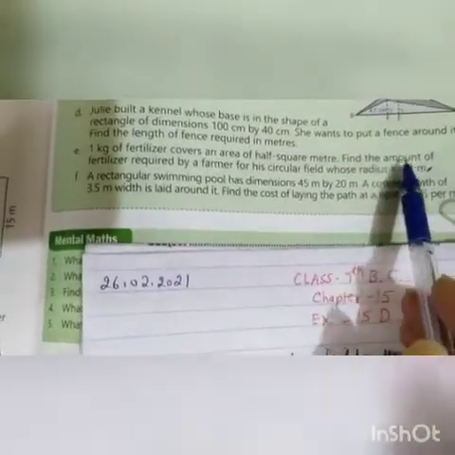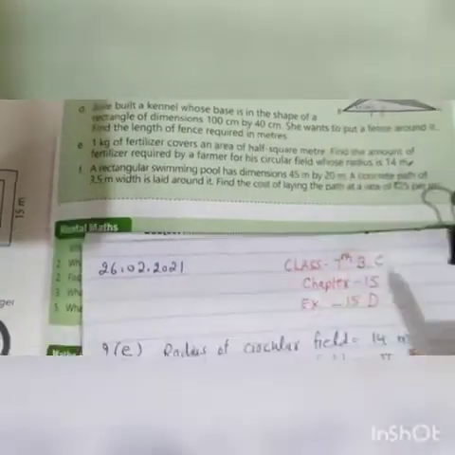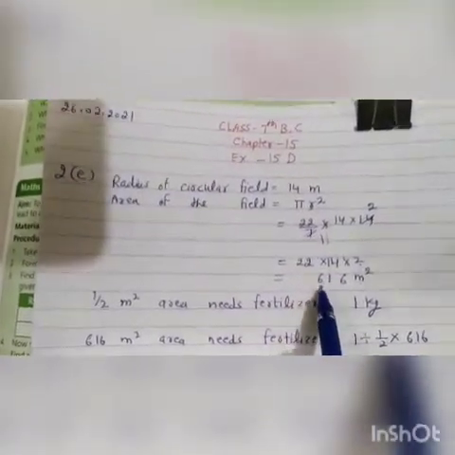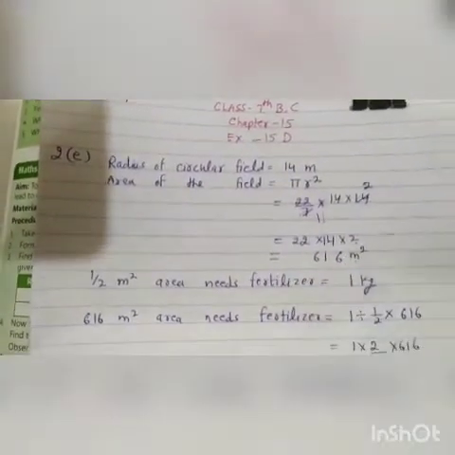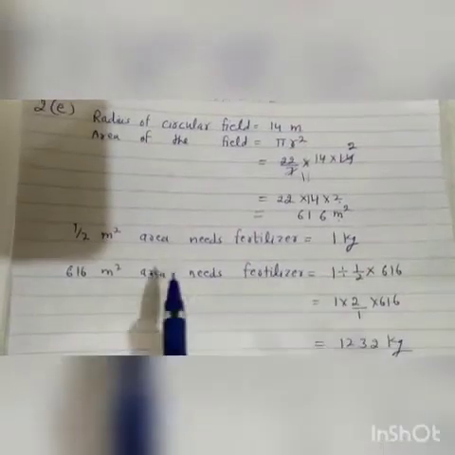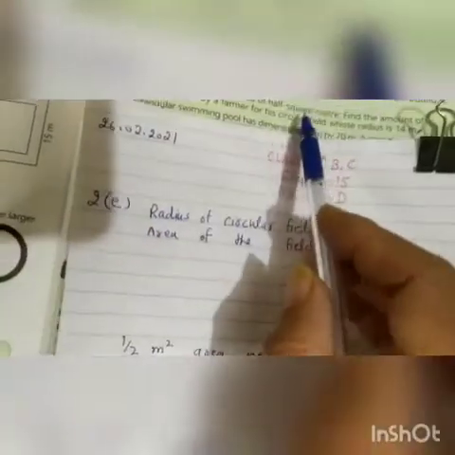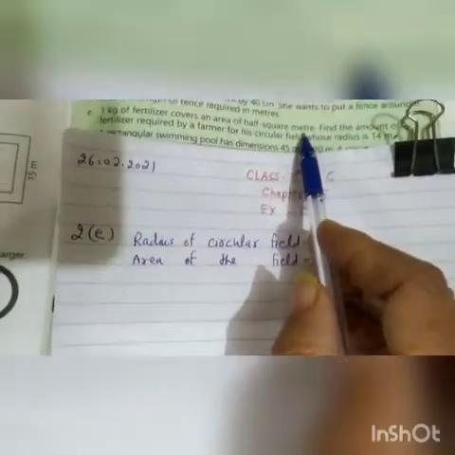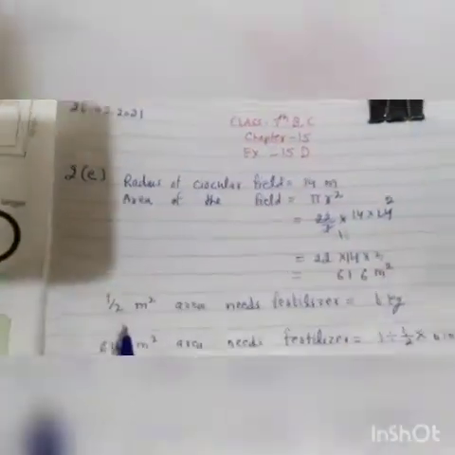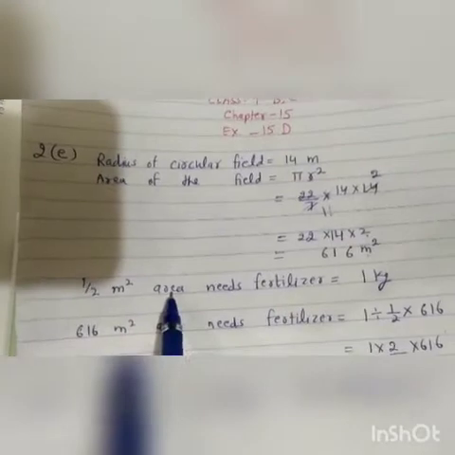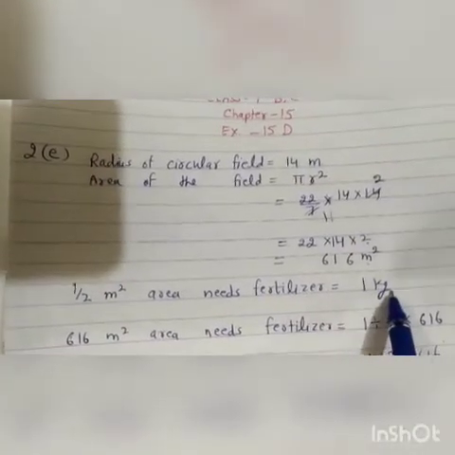How much amount is required for this circular field? The area of this circular field is 616 square meter. So how can we find? What statement will we write? We will write half square meter. See here, half square meter. So half square meter area needs fertilizer 1 kg.